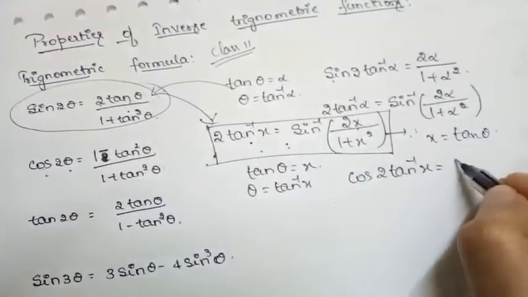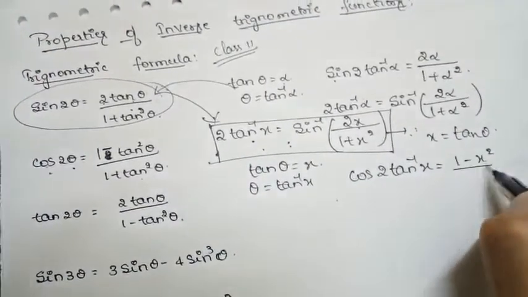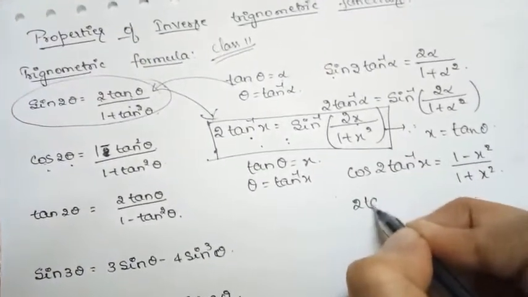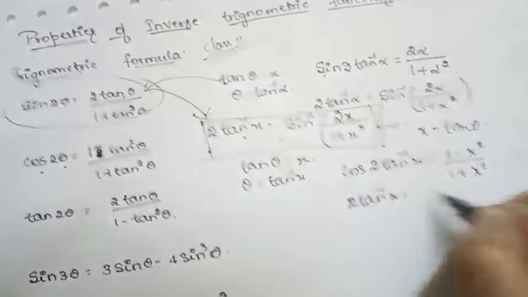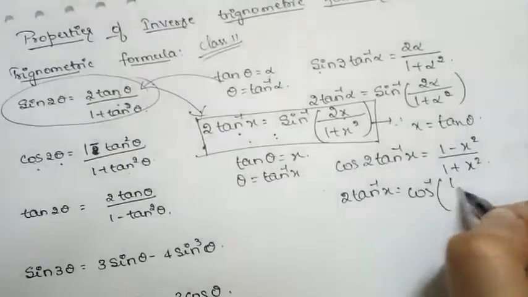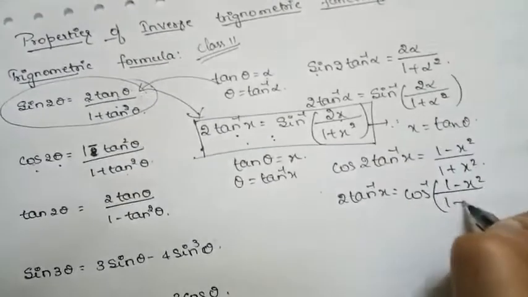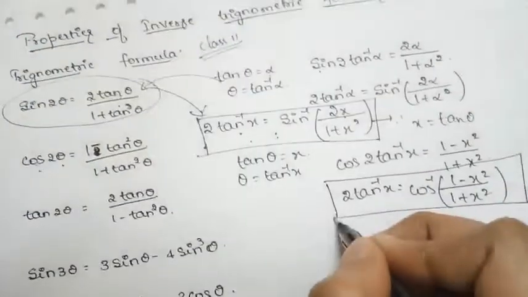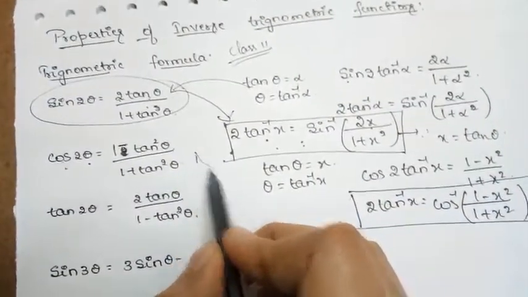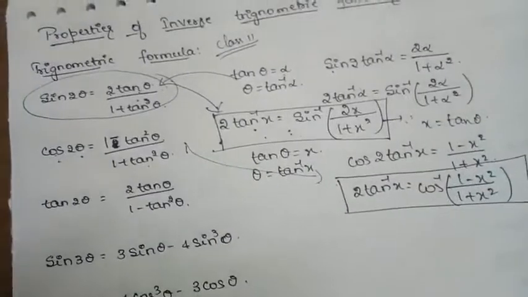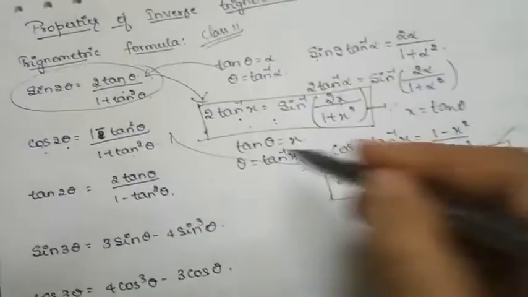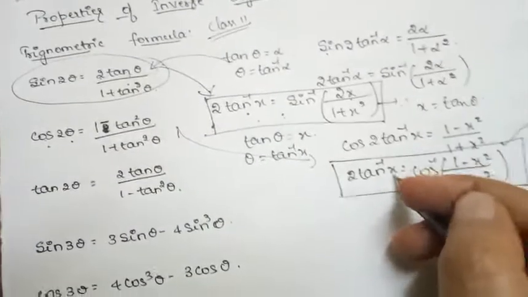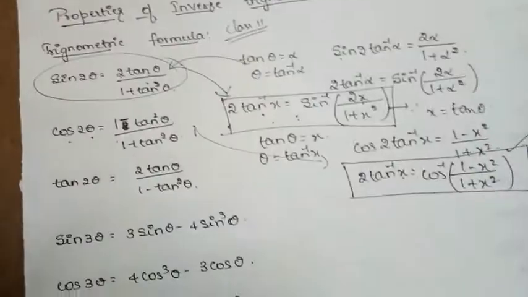What happens here? 1 minus x square divided by 1 plus x square. So clearly 2 tan inverse of x is equal to cos inverse of 1 minus x square divided by 1 plus x square. Again, you have already come across this identity in the previous video, where we proved it. In this video I am deriving how this identity is obtained with the trigonometric identity.